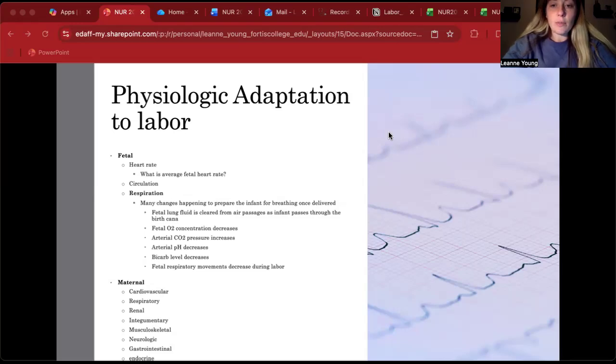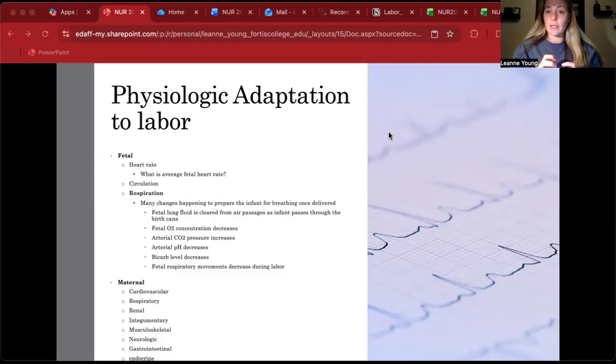Circulation is going to change because circulation of the infant is impacted by uterine contractions and stresses of labor. This is most commonly because of umbilical compression if they're having issues during labor. As the uterus is contracting and putting pressure on the infant and on that umbilical cord, it is reducing the infant's blood supply, right?